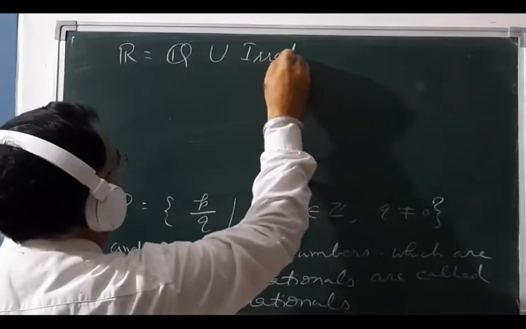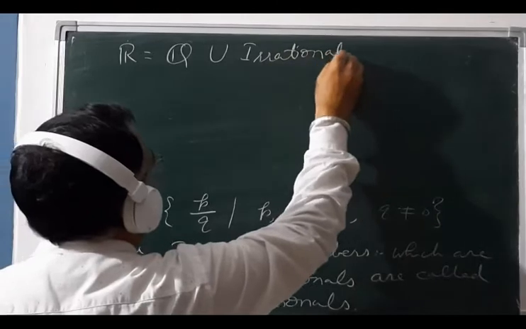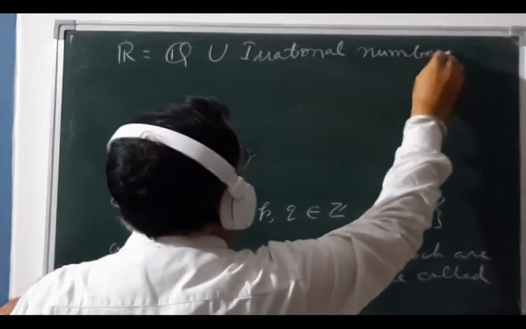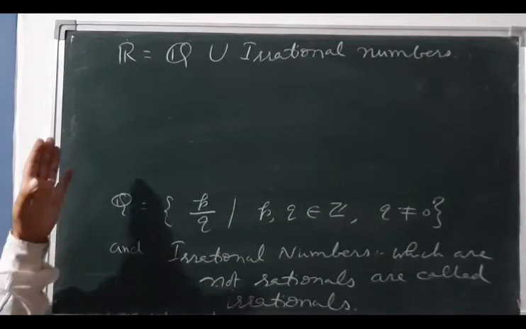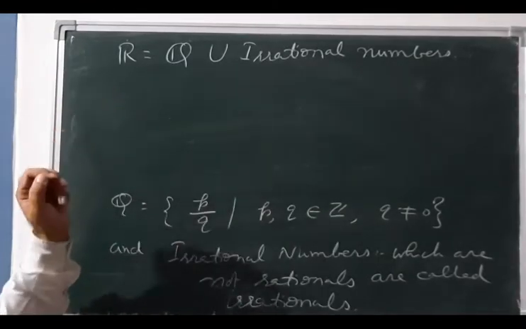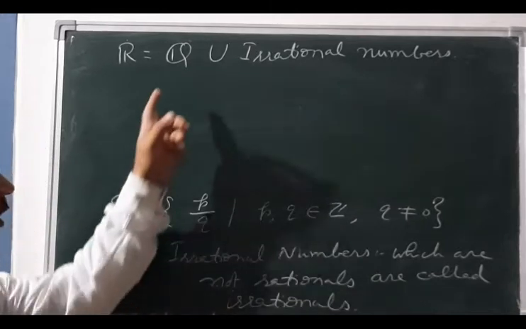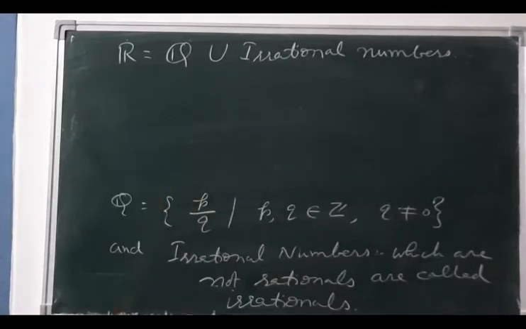So this is the union of Q and irrational numbers. Any real number is either a rational number or an irrational number. So there is no real number which is outside both of these sets.